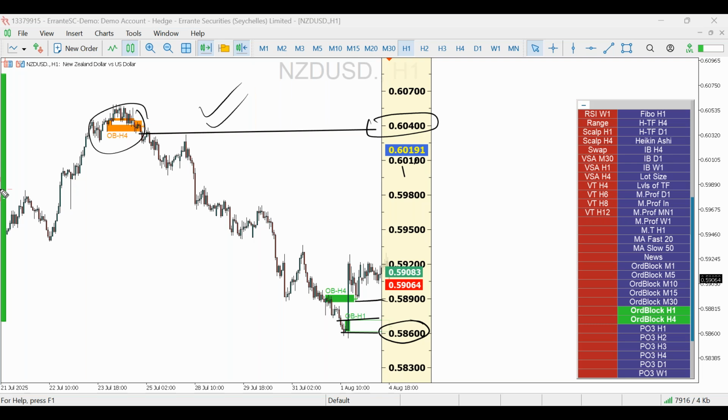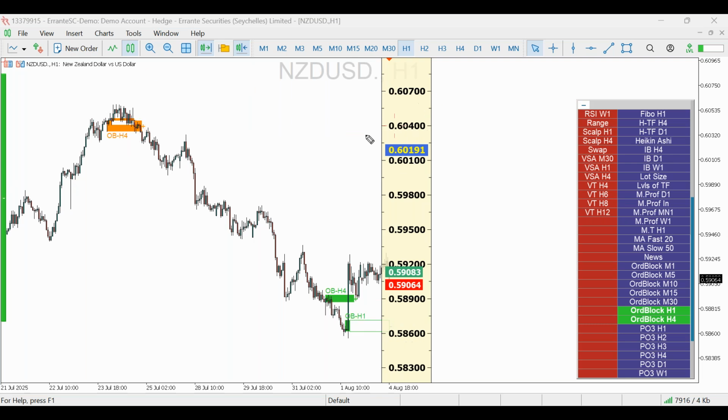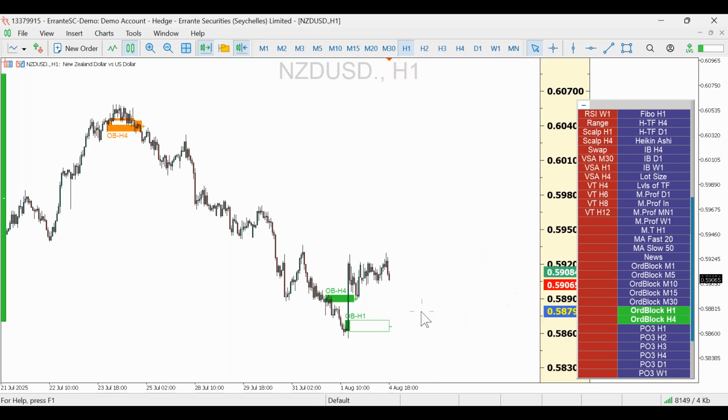Okay, let me show you that kind of a setup when we have a retest over here. Again, it's on the same chart. See this one? See this one? It goes up, it comes down, and then it has gone towards the upside.